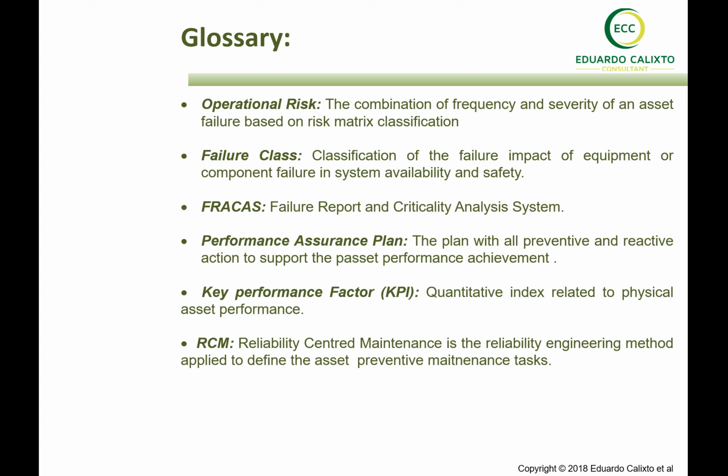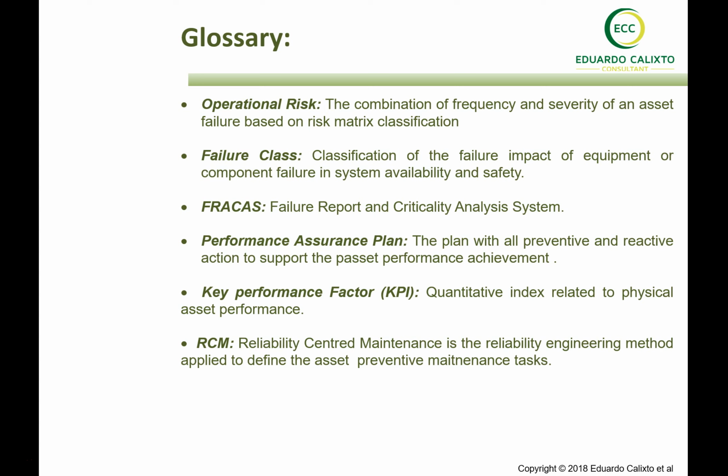The first one is operational risk. Similar to the concept of risk that we have, it is a combination of the frequency or occurrence of an unwanted event, equipment failure, and the severity of such failures on an asset, based on a risk matrix classification.